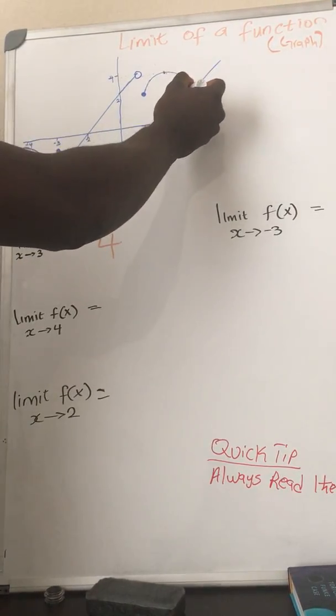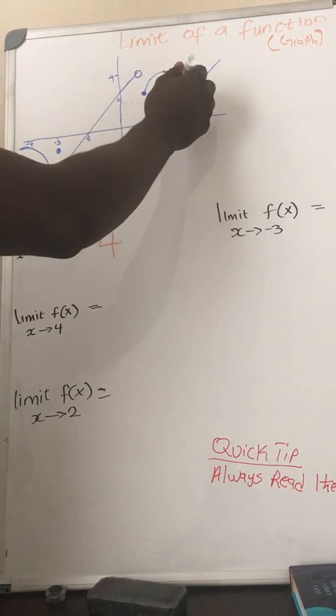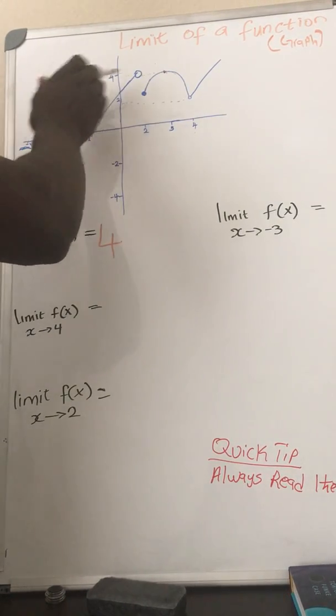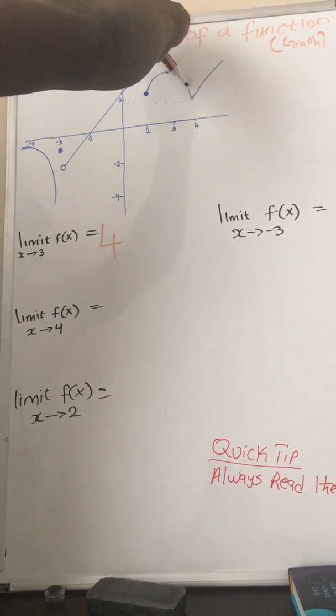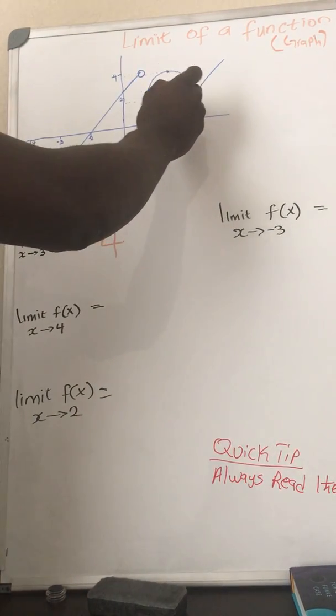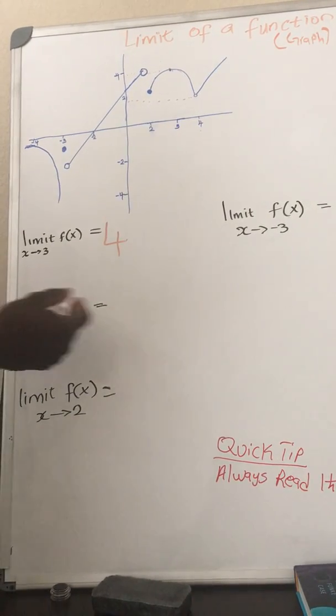When you come from the right, you read the y-axis, so it's 2. And when you approach from the left of 4, it's also 2. So therefore the limit as x approaches 4 of f of x is 2.